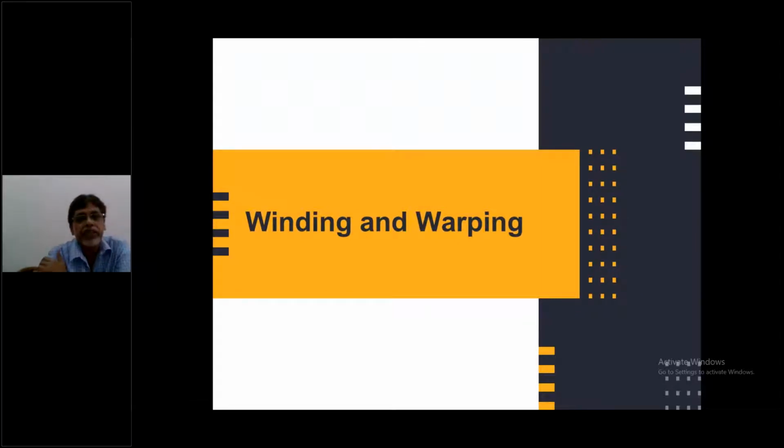winding and warping together. If we carefully look into these two processes, in a generalized fashion they are more or less similar. There is a package here. From the package you move the yarn through the machine, and ultimately you form a different kind of package.